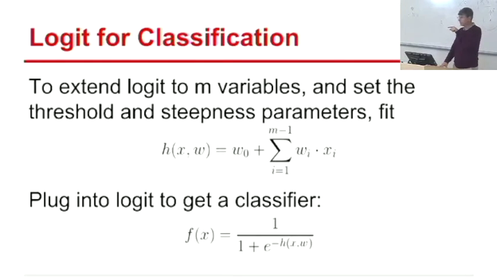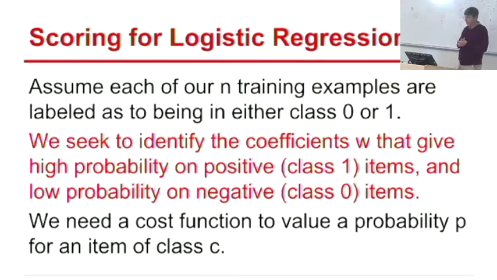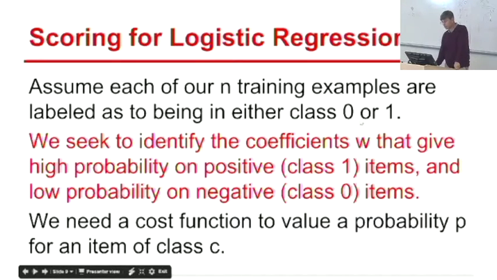Okay? Any questions? Okay. So again, our training examples are labeled as being class 1 or class 2. We seek to identify the coefficients such that on all the positive examples, we get high probabilities, and on the negative examples, we tend to get low probabilities.